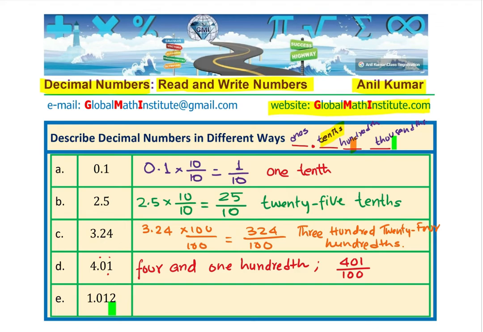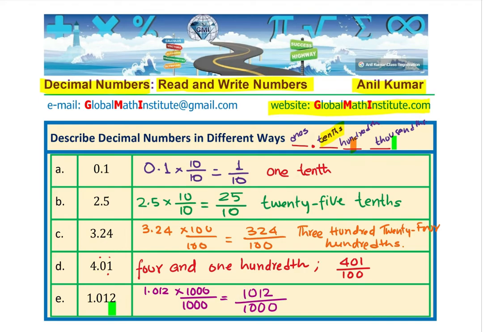Well, we can write this number as 1.012 times 1000 divided by 1000, correct? Which is same as 1012 by 1000. Do you see that? So it ends in thousandths.